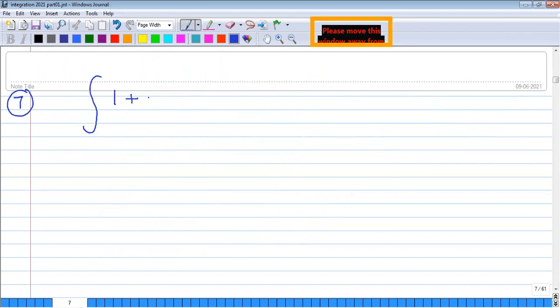Integral of 1 plus x plus x square by 2 factorial plus x cube by 3 factorial plus dash dash infinity dx equals to.